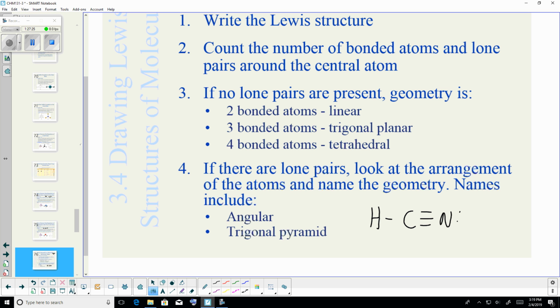A single bond and a triple bond. A triple bond doesn't count as 3 things. It only counts as 1 thing. It's 1 bond, 1 triple bond that holds 6 electrons. So if it's 2, what shape should it be? Linear. HCN is linear.